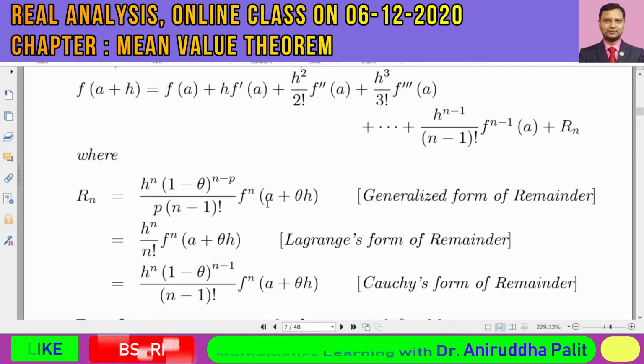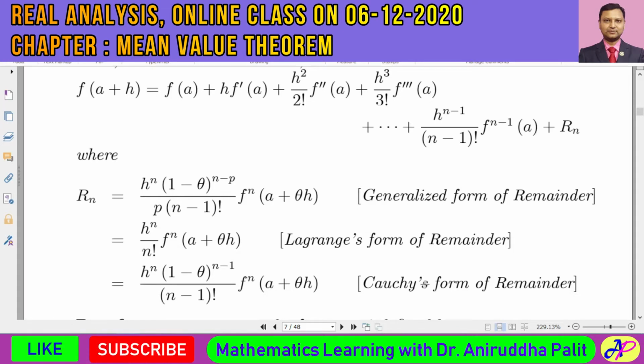Actually, if you consider all these expressions, the numerical value of Rn remains the same. Just this quantity theta, which is a number between 0 and 1, is adjusted in such a manner that the numerical value of the remainder Rn remains the same. For the generalized form of remainder, we get this first expression, for Lagrange's form we get this second expression, and for Cauchy's form we get this third expression.